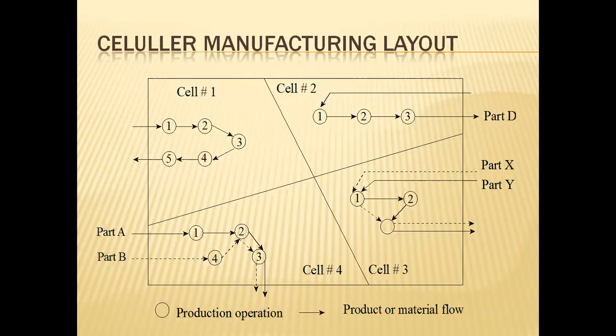Another advantage is improved visual control and fewer tooling changes, which facilitates quicker setups. Overall performance often increases by lowering production costs and improving on-time delivery. Quality also tends to improve.